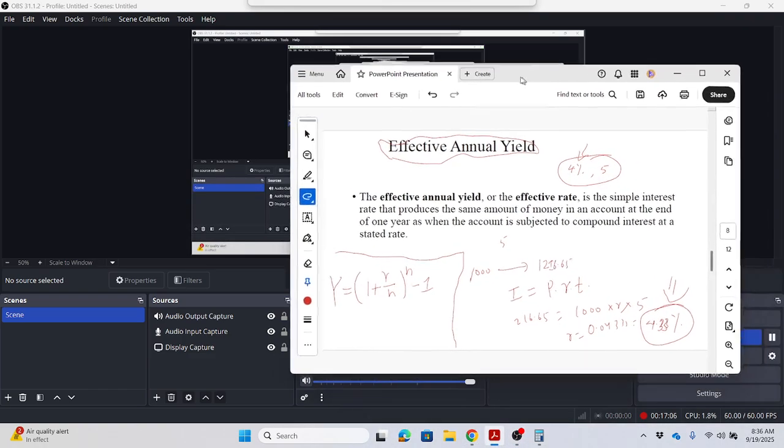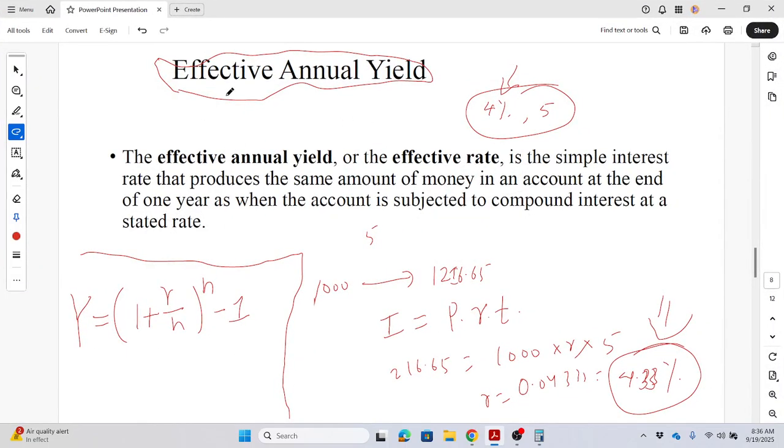Okay, I forgot to mention one formula before about effective annual yield. I did go over this concept, but there is a formula for finding the effective annual rate. If you know the interest rate and how many times you compound, this is the formula.